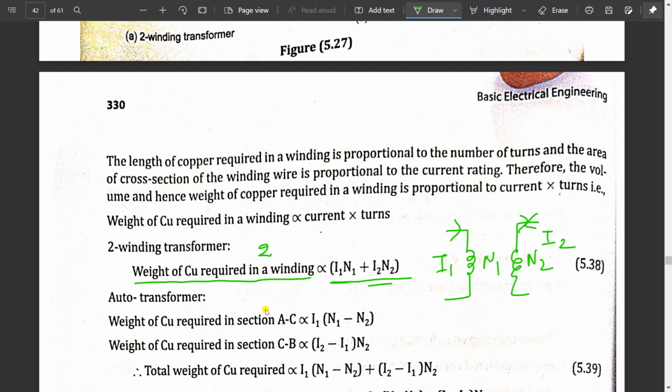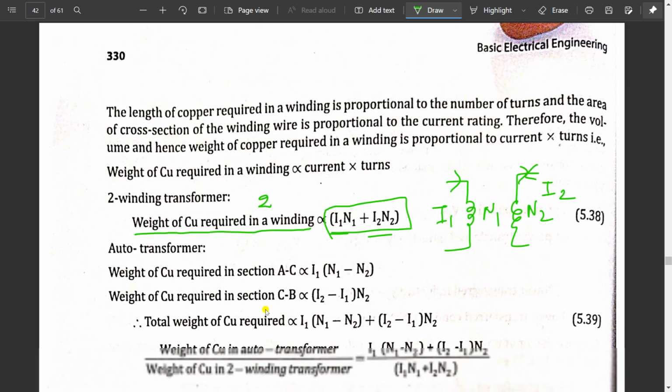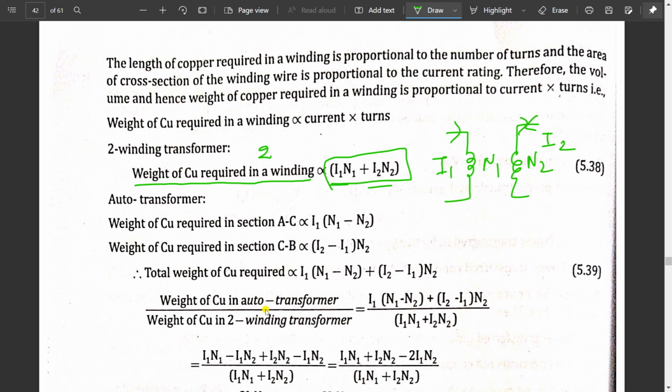This is the total copper required in a two winding transformer. But in the auto transformer, the weight of copper in section A to C, that is A, C, B, is I1 into N1 minus N2. In the CB section, it is I2 minus I1 into N2. The total weight of copper is I1 into N1 minus N2 plus I2 minus I1 into N2.